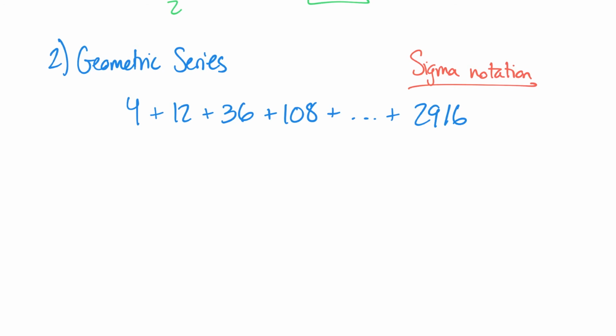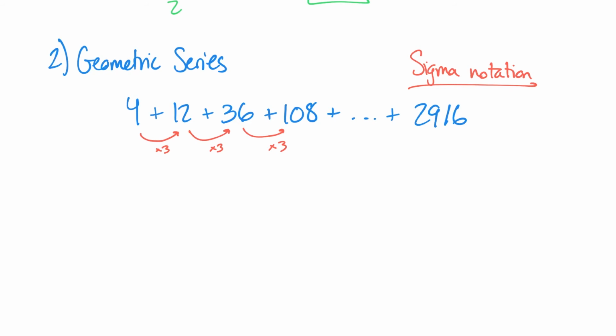So first thing we need to do is try to find a relationship, a pattern between the terms. And right away, we can tell that 4 times 3 is 12, 12 times 3 is 36, times 3, 108. And then we need to do times 3 many times.